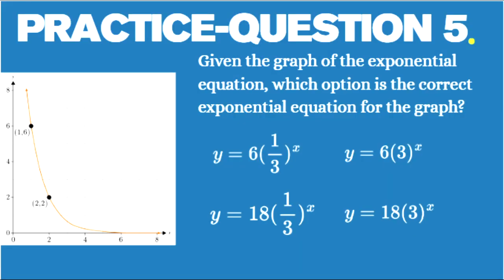Okay, last practice question. Given the graph of the exponential equation, which option is the correct exponential equation for the graph? So we start with our 2 points. Here's our first point. So we have 6 equals a times b raised to the power of 1.